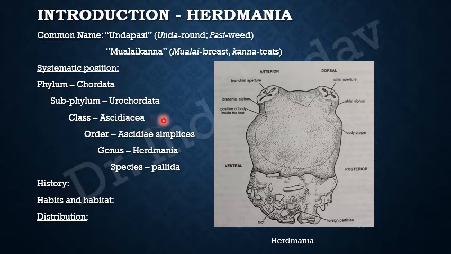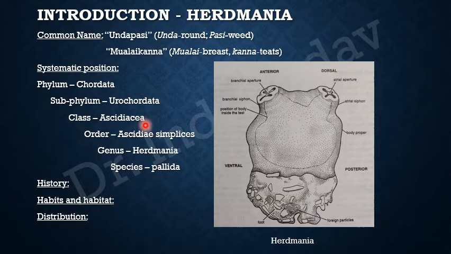One more thing which I missed is the class we're doing is Ascidiacea, and as we've done the other 4 animals, they are included in the classes Larvacea and Thaliacea. The animal Oikopleura was in the class Larvacea, and the other animals Salpa, Doliolum and Pyrosoma all belong to class Thaliacea, and this is the 3rd class, Ascidiacea.